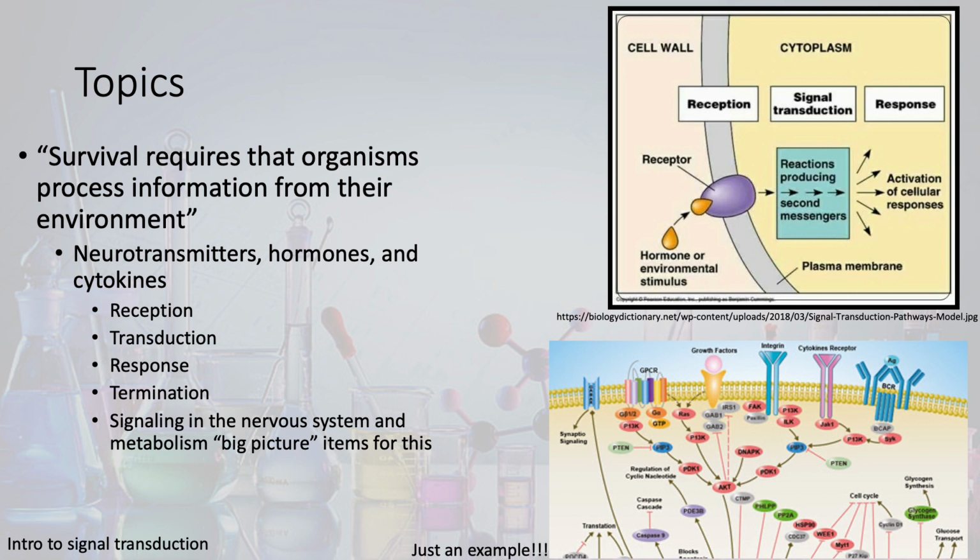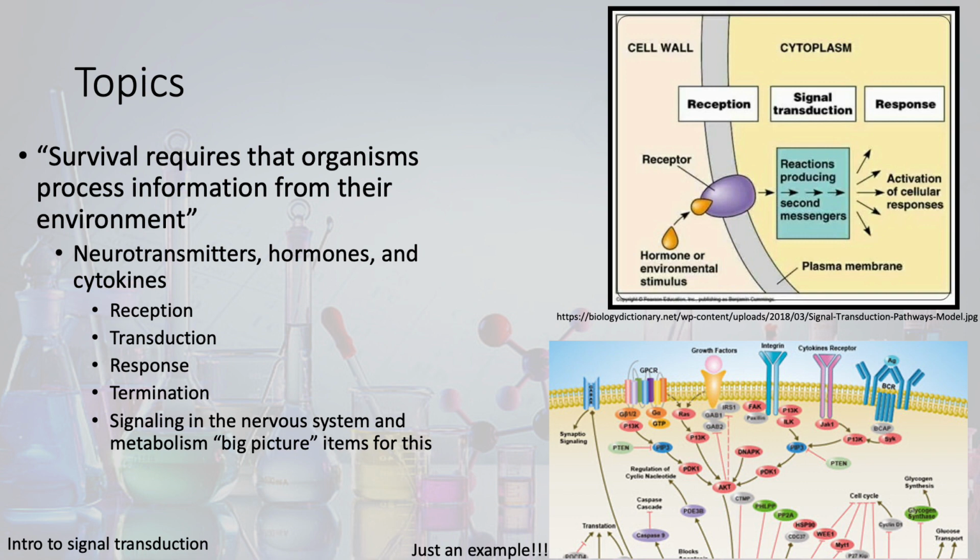Transduction, which is the second phase, is where that ligand binds a receptor and that receptor undergoes some sort of three-dimensional change, which activates intracellular pathways. And again, this is so diverse, it's hardly worth saying much more about, but the activation of perhaps that single receptor leads to the activation of many, many second messengers, right?